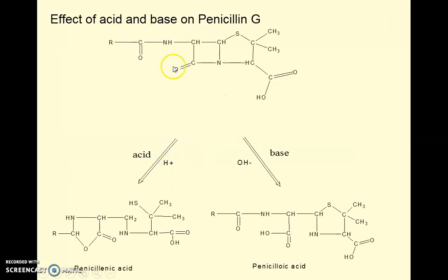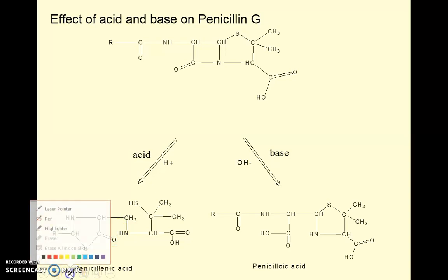It is clear that these are the degraded products of benzyl penicillin, or in general penicillins. This is the general structure of penicillin, and we can relate it to penicillin G also. In the presence of strong acid, there is cleavage of both the thiazolidine ring as well as the beta-lactam ring.